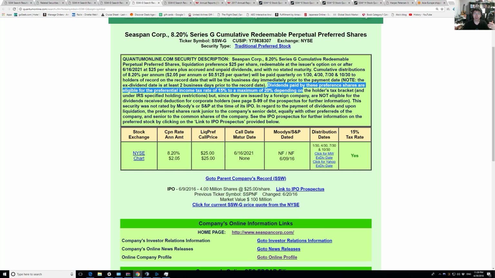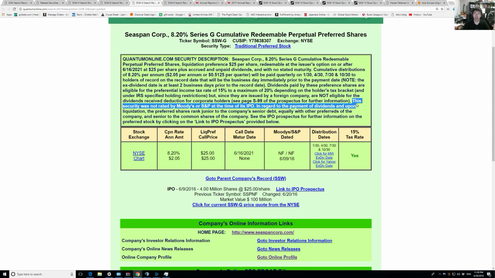So you have to pay attention to that as well. And it says something about corporate holders. Since I'm not a corporate holder, I don't really care. It's not rated, but that's what we are for. We should be looking at the company's financial situation and understand what the company does to an extent.